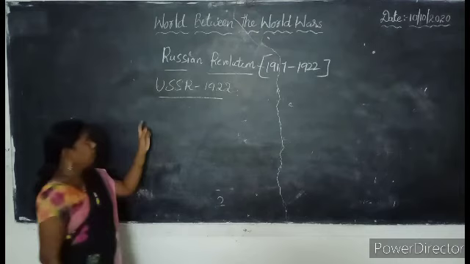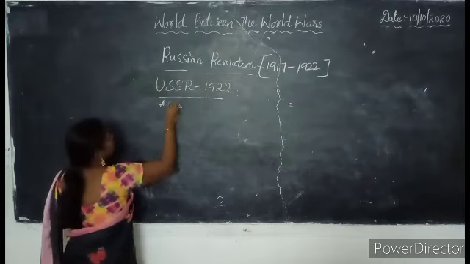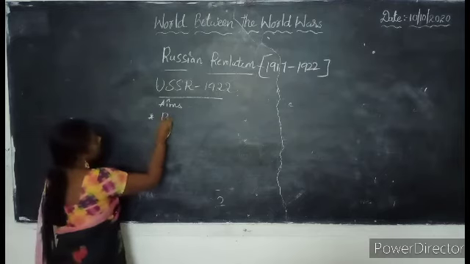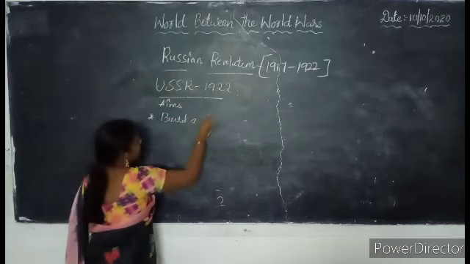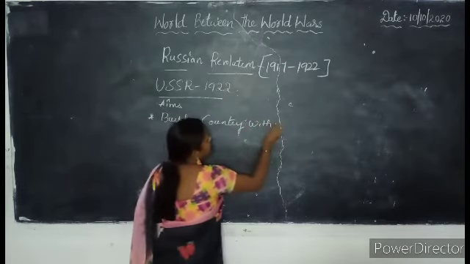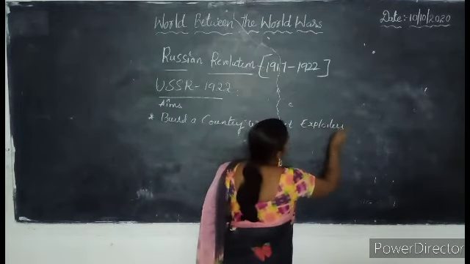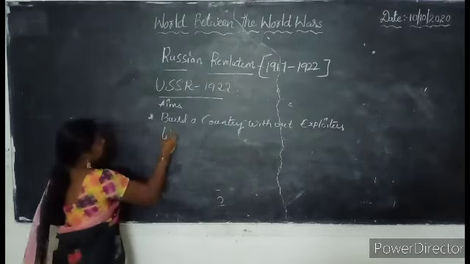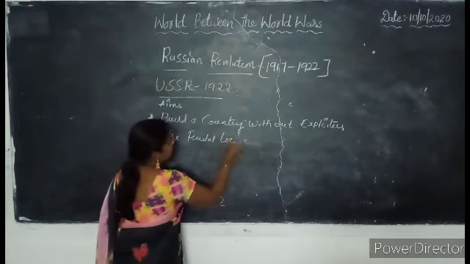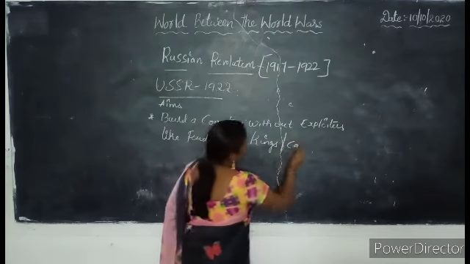So what are the main aims of the USSR? They want to build a country without exploiters like feudal lords, kings or capitalists.